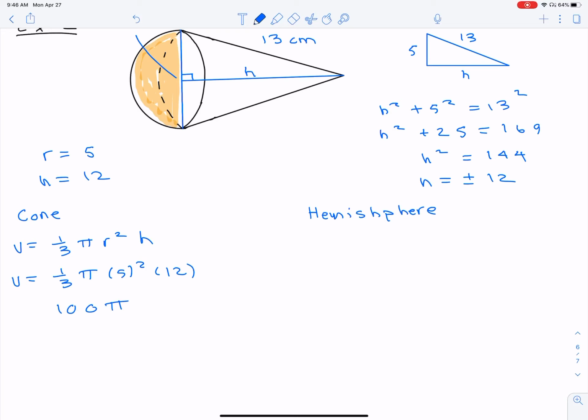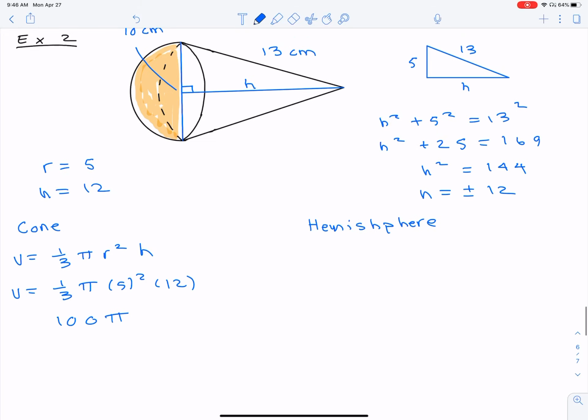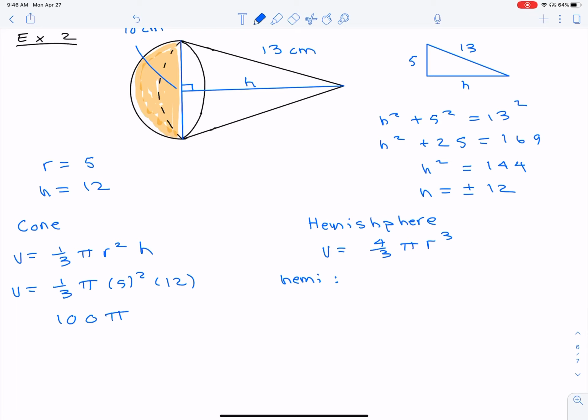Okay, let's find the volume of the hemisphere. A hemisphere is half a sphere. A quick reminder, the volume of a sphere is 4/3 pi r cubed. But now we want the volume of the hemisphere, which is half of it. I'll say hemi for hemisphere. That's going to be half of our 4/3 pi r cubed. 1/2 of 4/3 is 4/6 or 2/3.